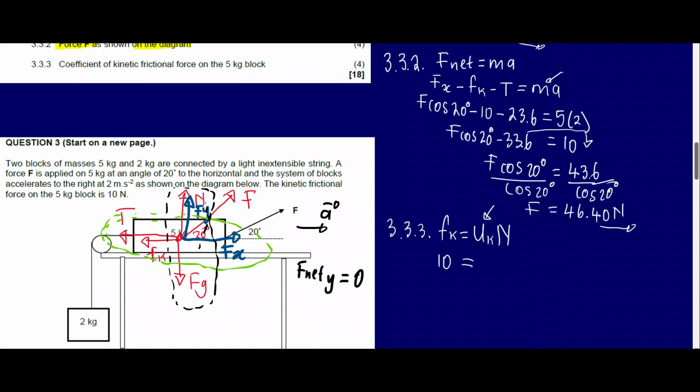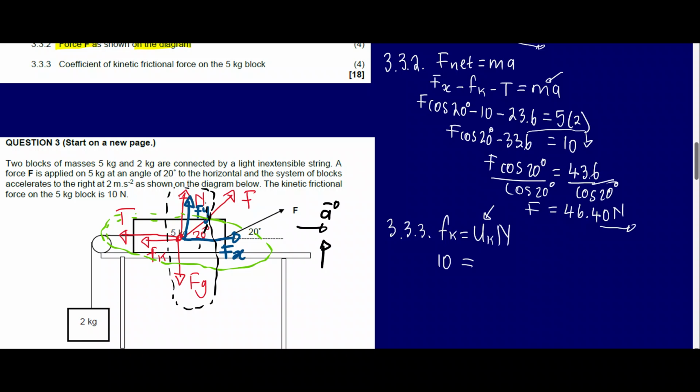So F net y is balanced, with no acceleration for that specific block. But that's perfectly fine. Let's not go into much detail with that, but rather focus on simplifying this thing.